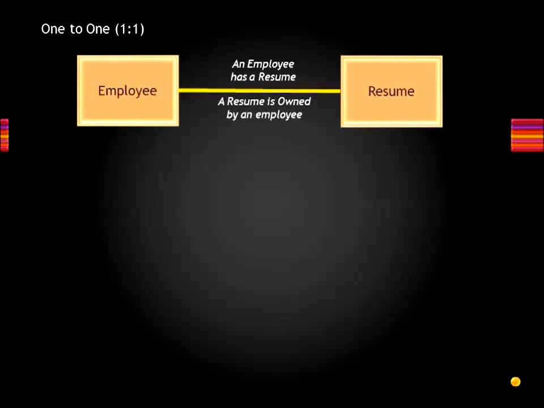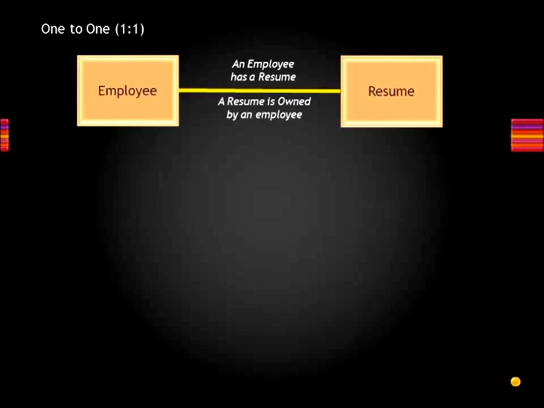In this example, an employee has a resume, and a resume is owned by an employee. What it means is, for every employee in the employee table, you have one record in the resume table. And for every resume in the resume table, you have one record in the employee table.